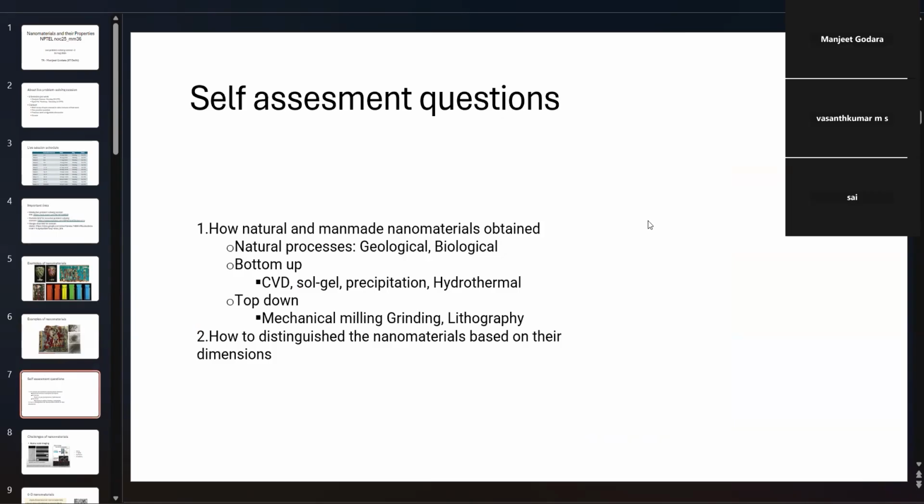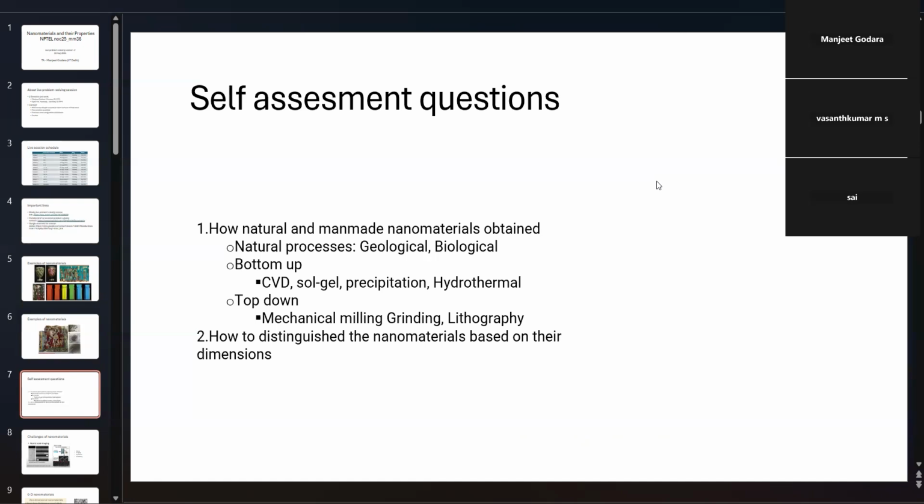There are some self-assessment questions. How are natural and man-made nanomaterials obtained? Natural processes like geological processes, like eruption of a volcano, or slow growth of crystals inside the mantle, can give you nanomaterial.